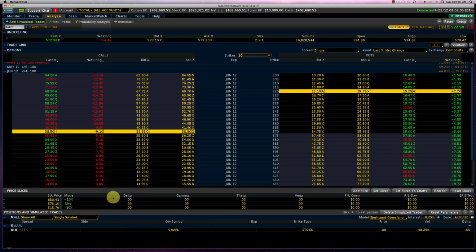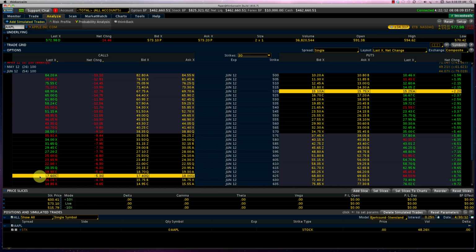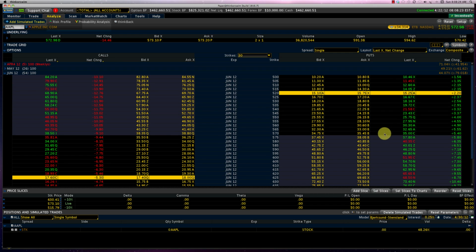So this is very similar to our 625 call option, which was out of the money. In the case of the call option, Apple had to go from 572 all the way to 625 before this call option would become profitable. In the case of the put option, Apple has to go from 572 again all the way down to 520 before this put option can become profitable.